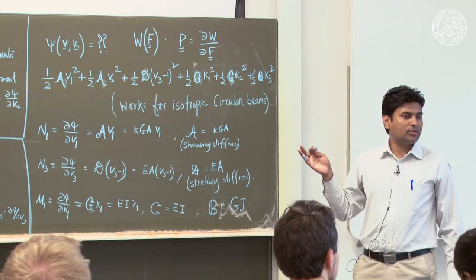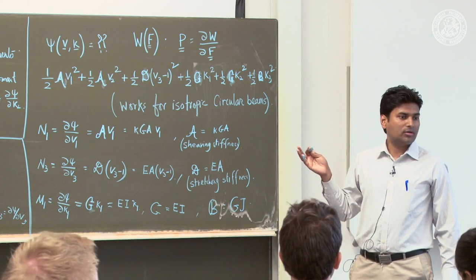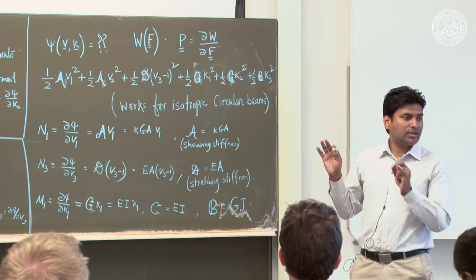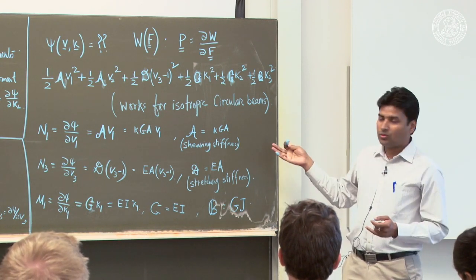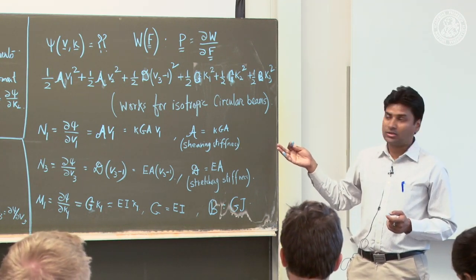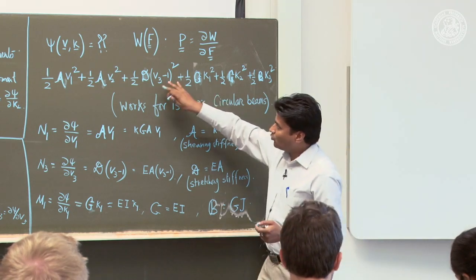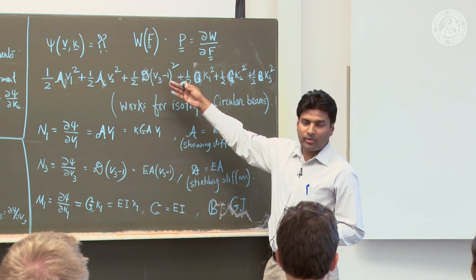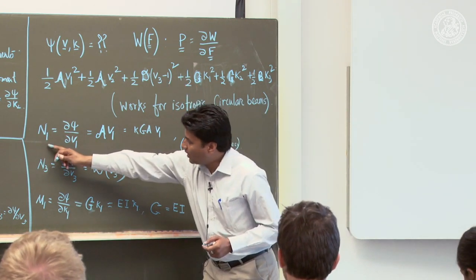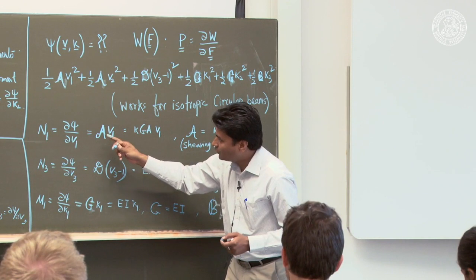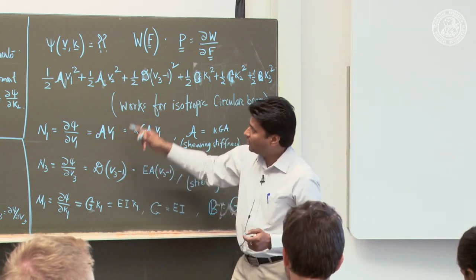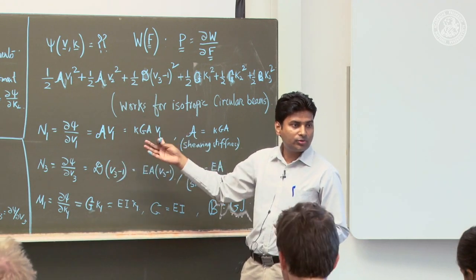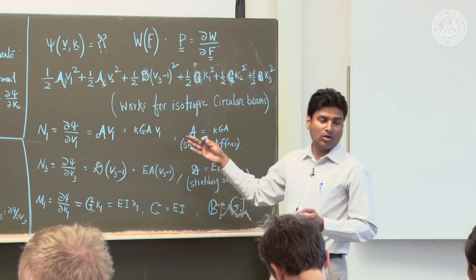Linear material law. When does linear material law work? In 3D elasticity, linear material law works if the strains are small enough. Same here for your elastic beams, elastic rods. This quadratic form of energy is a linear material law, because forces are linearly related to strains. You can see here when you take the first derivative, forces and moments become proportional to strains. That's why it's a linear material law.